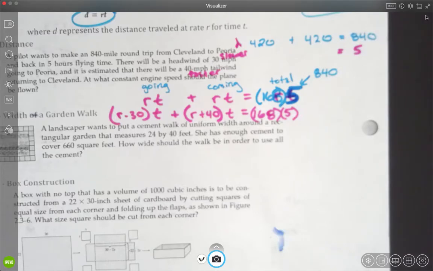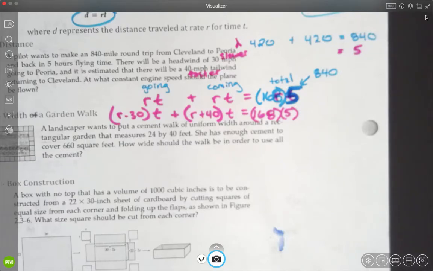Rate, time, any suggestions? Have we fully used the 5 hours? We can't do 2.5 for t, right? 2.5 and 2.5, because we don't necessarily know that one is going faster than the other. We'll do 3 and 2. How about t and 5 minus t?